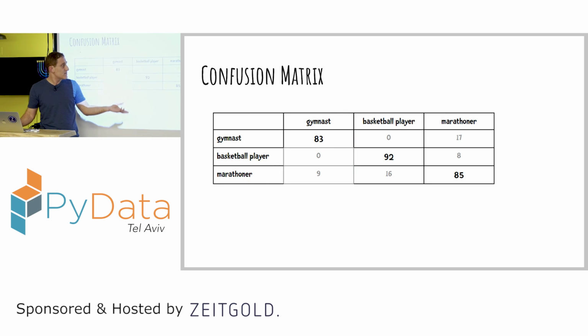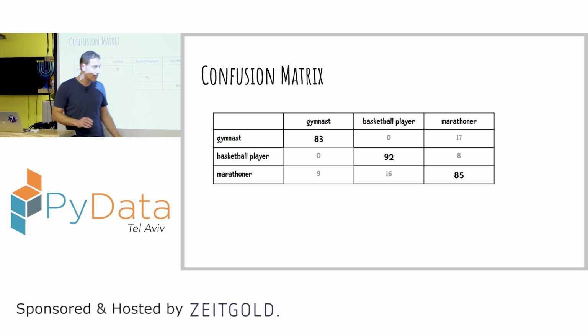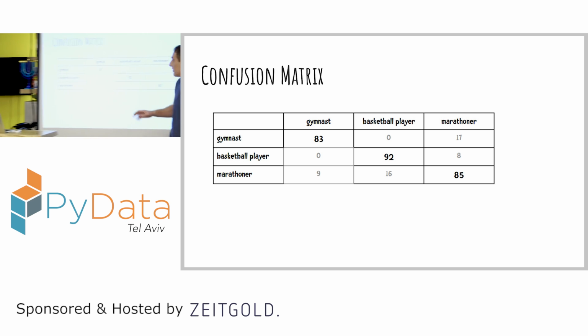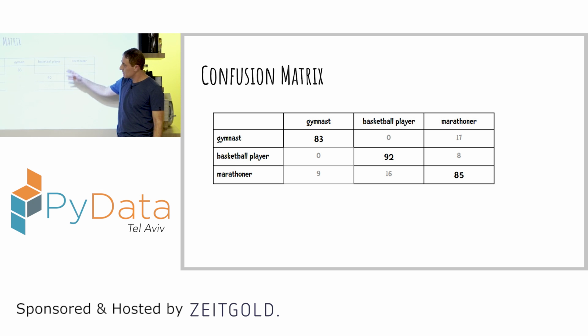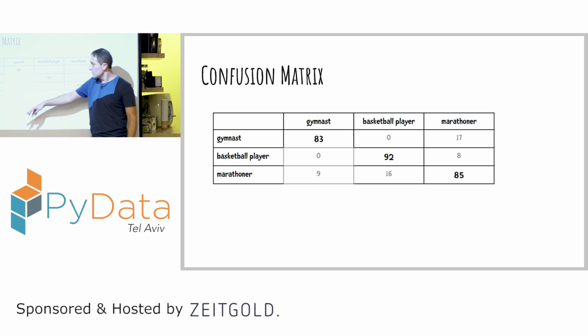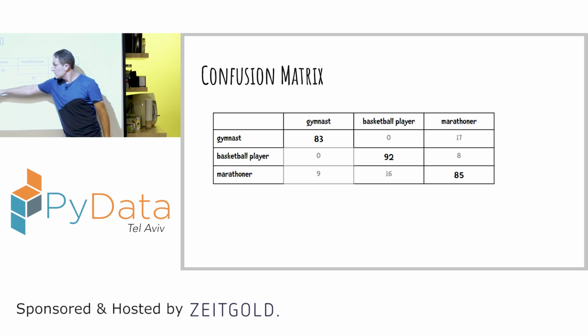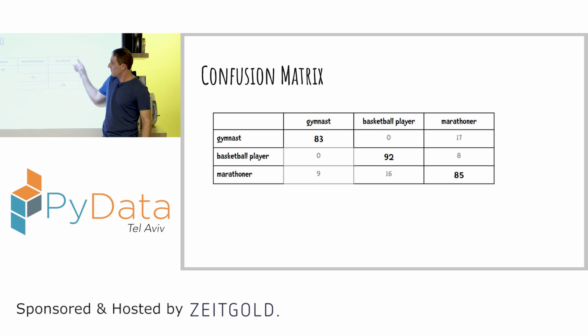The last thing here is the confusion matrix. The confusion matrix takes all of the classes, and you have them on the columns and also on the rows. These are the ones that you predicted, and this is the true.